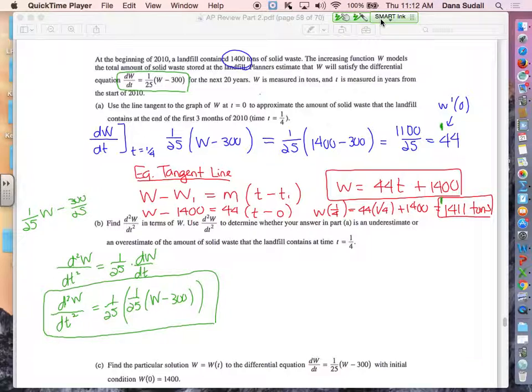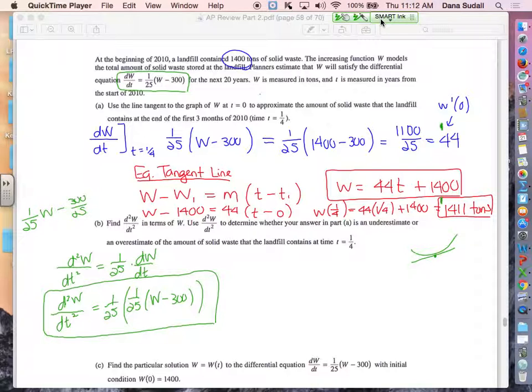That's fine. And then the second part of it says, determine whether your answer in part A was an underestimate or an overestimate for the amount of solid waste in the landfill. So when t is 1/4, we want to determine what's the concavity, what's the shape of the graph doing. So if the graph is concave up and you estimate it, your tangent line is going to fall below.